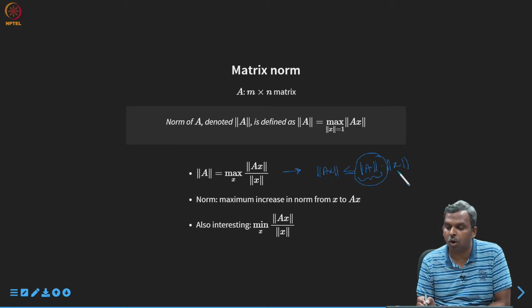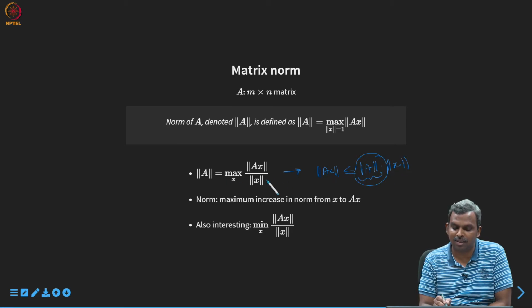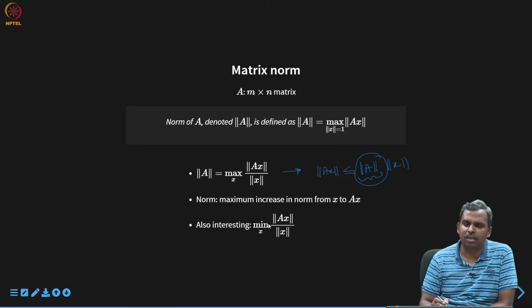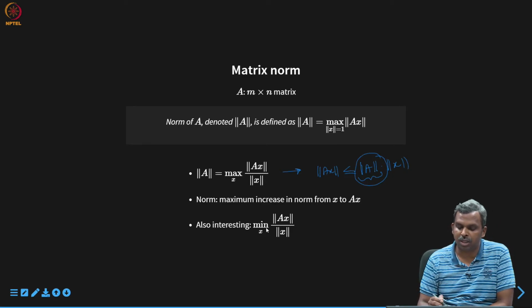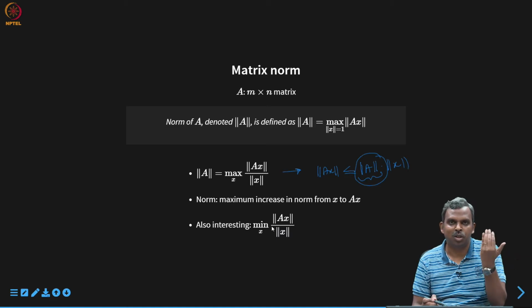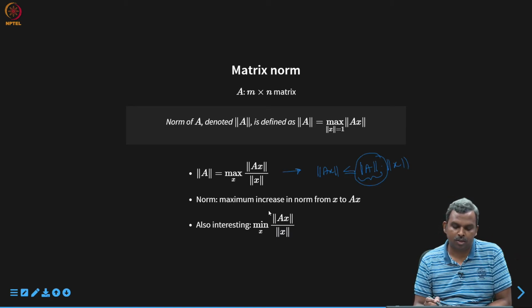That gets bounded by norm A times norm X. So that's why this is very interesting in practice. One might also want to look at the minimum, even though we don't look at that too much. The minimum in practice can also play a role: how much A reduces the norm of X, the opposite of amplification, whatever that is. That also might be interesting from some point of view.